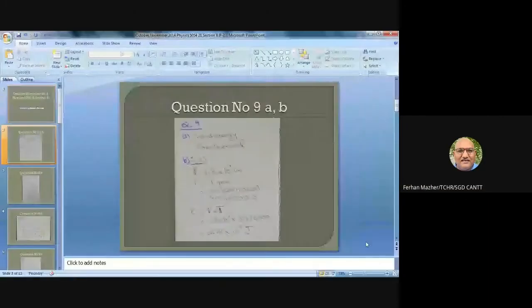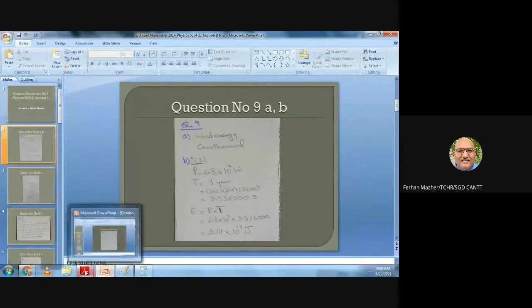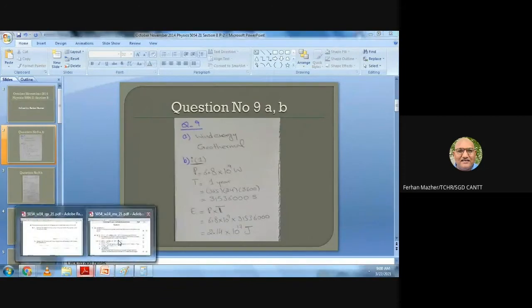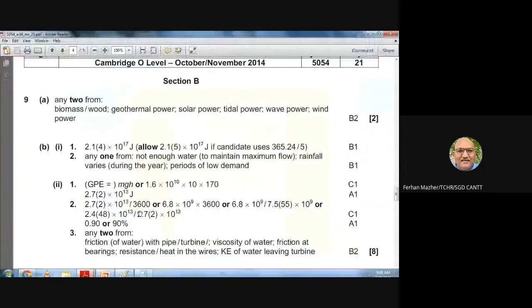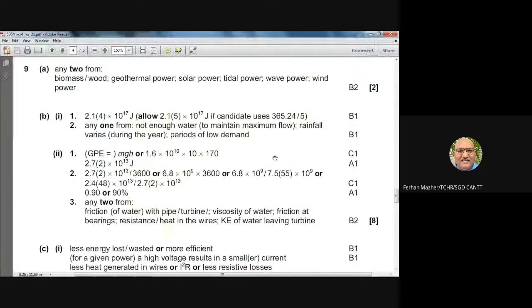Let me show you the marking scheme. Here you can see the first part. It's a 1 mark question. I hope that you have understood this numerical. This was the B first part.